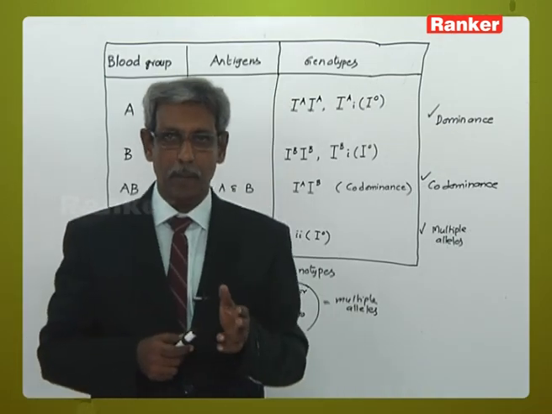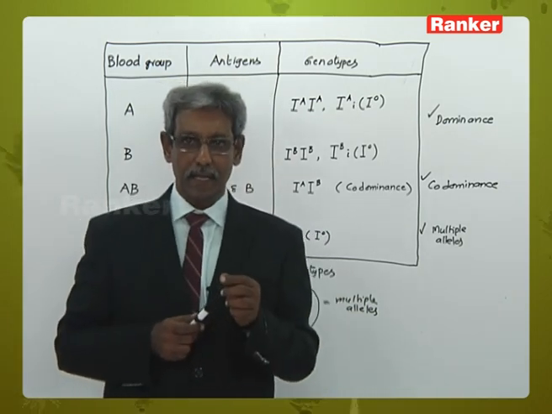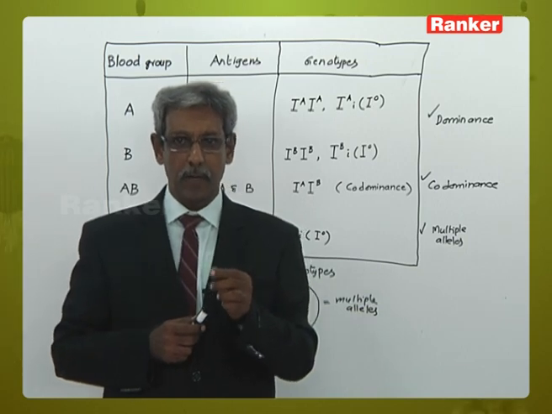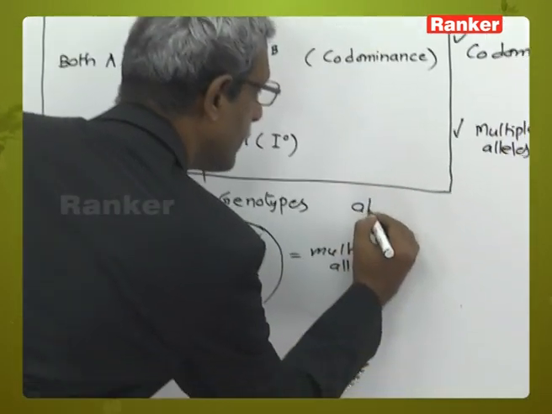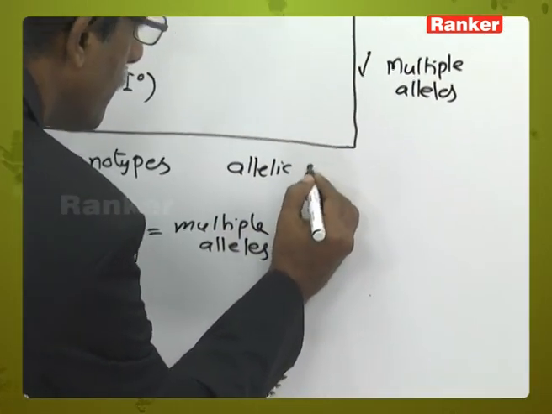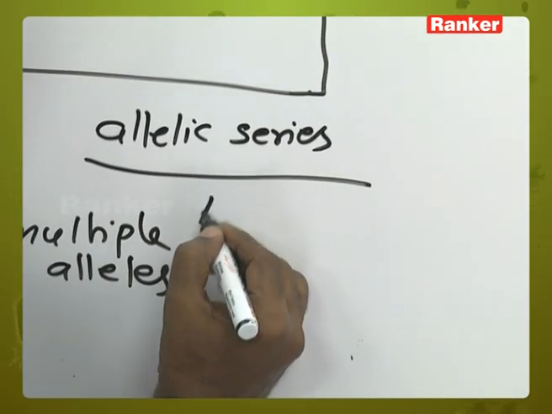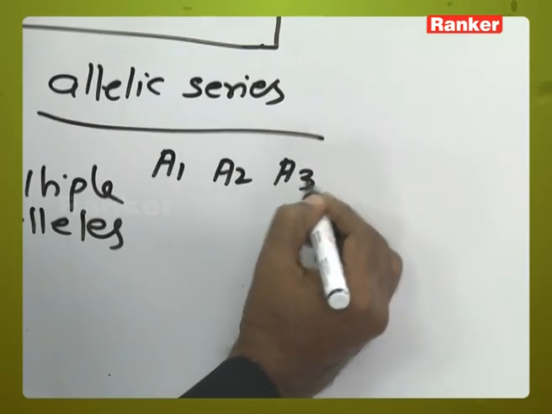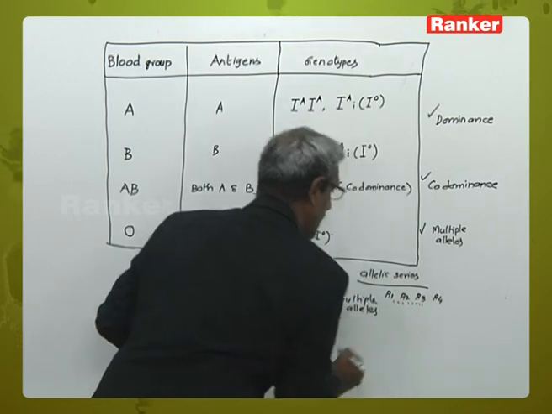Now we go to the third problem. Whenever we encounter the term multiple alleles, it refers to an allelic series. We have an allelic series. That is, maybe we have A1, then A2, then A3, then A4. This refers to an allelic series.